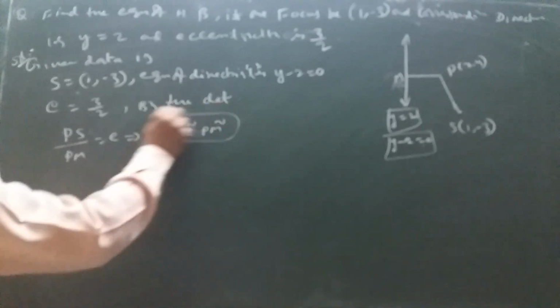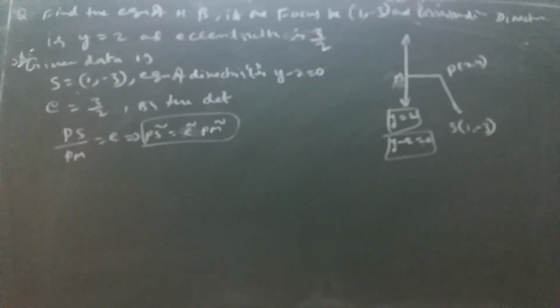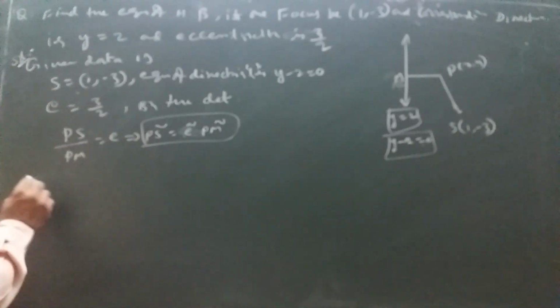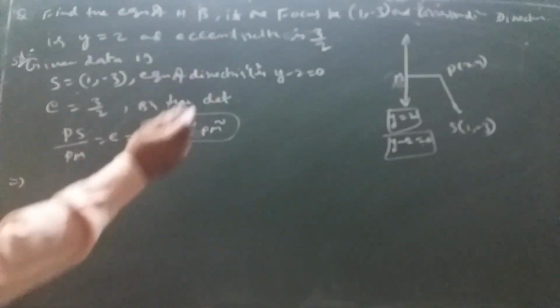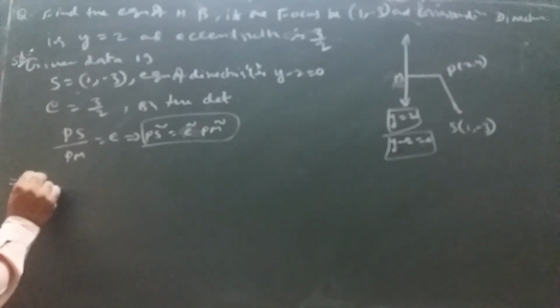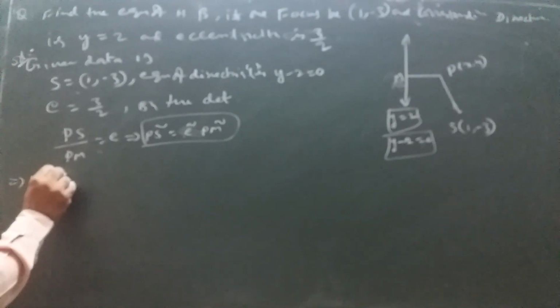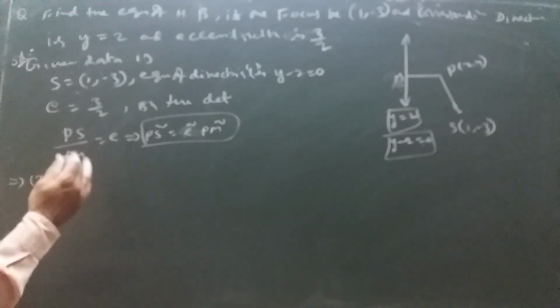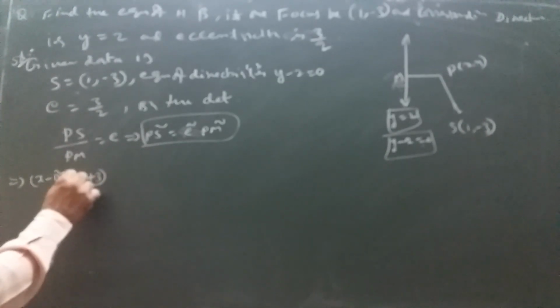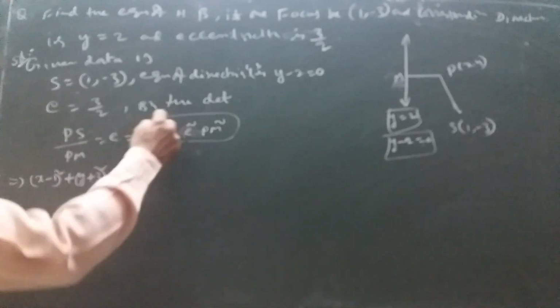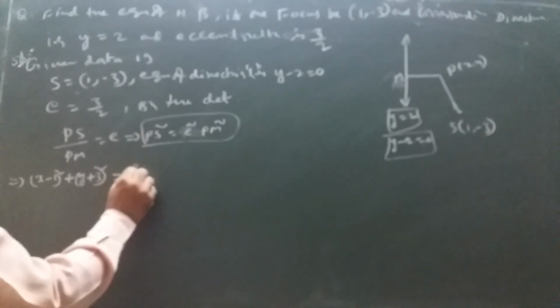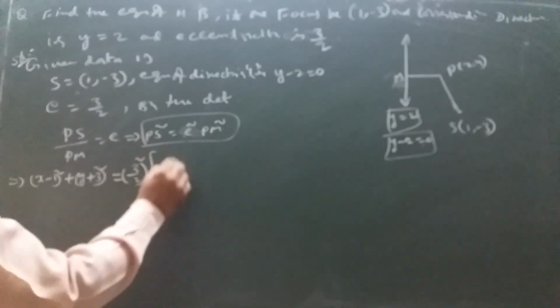By using this relation, we can find the algebraic relation, that is the equation of locus. That implies PS square, the distance between P and S, is (x minus 1) whole square plus (y plus 3) whole square is equal to e square, what is e, (3 by 2) whole square, into PM square.